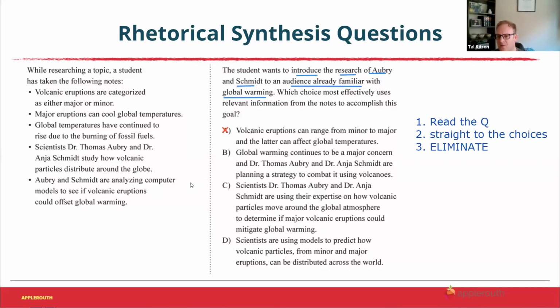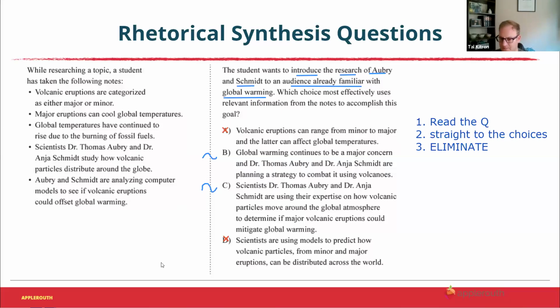It at least talks about what Aubrey and Schmidt are doing. So I'd keep that one. C starts with them, which is good. They're using their expertise on how volcanic particles move around to determine if major volcanic eruptions could mitigate global warming. Looks great because it introduces their research, and assumes that we already know what global warming is. Got to be our answer. And then D doesn't mention the 2 scientists at all.